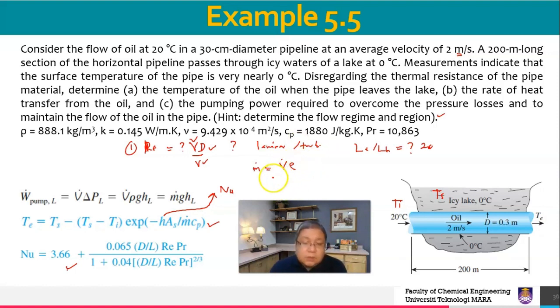V dot is V average times A_c, so V average times A_c times rho gives you m dot. This is the value to be included in the equation. Cp is already there, and you will get the Prandtl number in here, and you will get h.